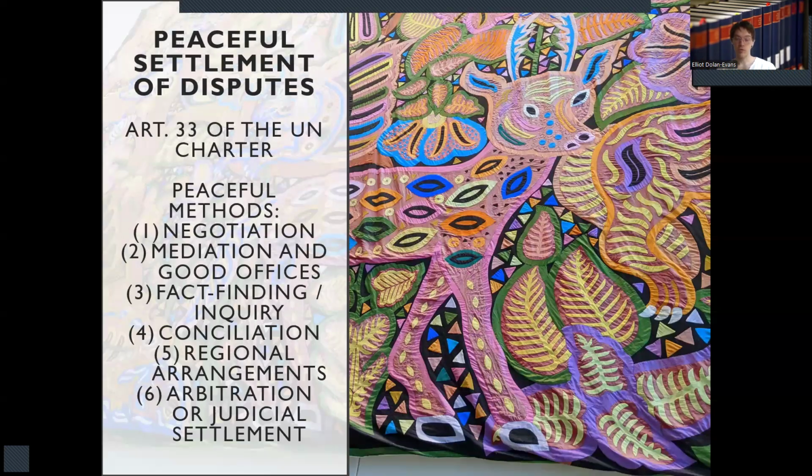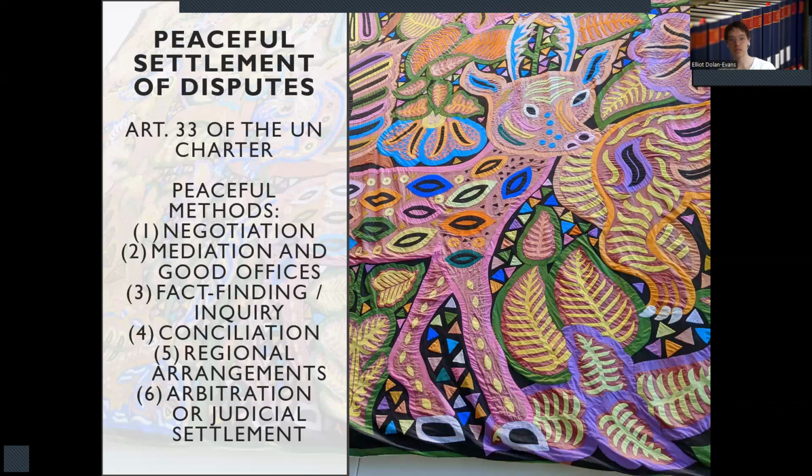Now, in terms of the regional level, in addition to being mentioned in Article 33 of the UN Charter, the role of regional agencies or regional arrangements in the peaceful settlement of disputes is also referred to in Article 52, subsection 2. So these regional arrangements and the architecture at a more regional level are seen as really important components of the peaceful settlement of disputes.